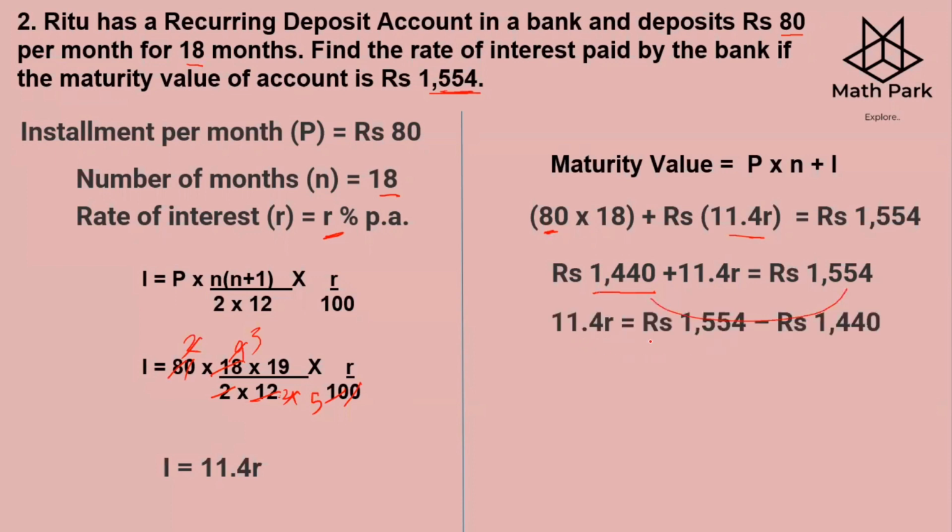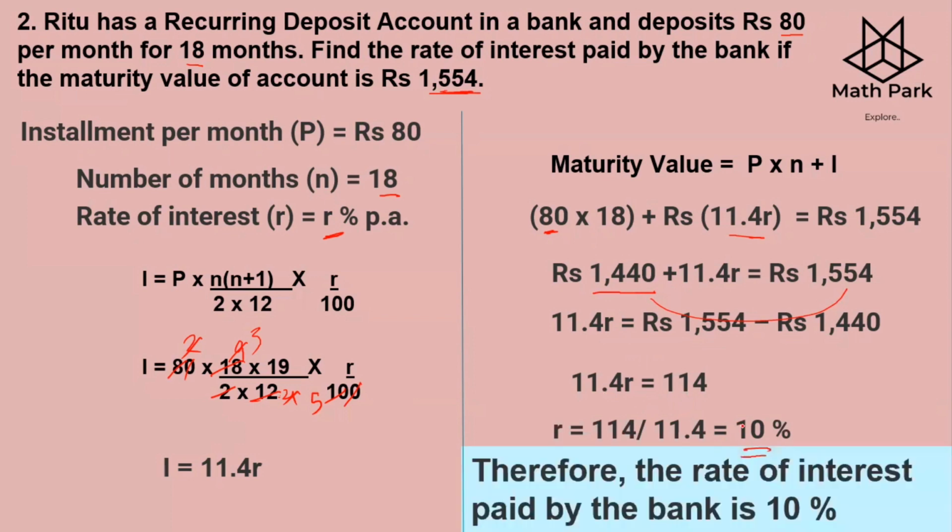We get 11.4 R is equal to 1,554 minus 1,440, which is 114. So R is equal to 114 divided by 11.4, which is 10% per annum. So this is how the rate of interest is 10% per annum, which is given by the bank for this RD account.